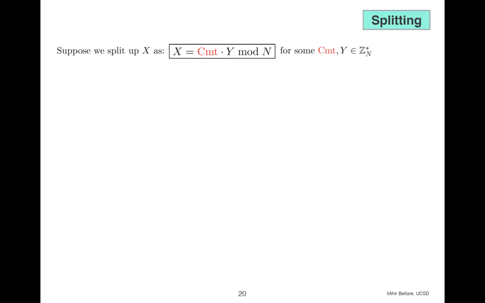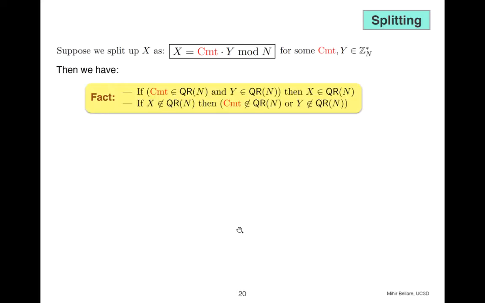Now, the way we're going to do that is to break the claim that big X is a square up into two subclaims via something we call splitting. So let's write big X as a product of two things. One we call commit, CMT, the other we call Y. Now, if we know that big X is a product of two things, it turns out there are some nice facts which enable us to reason about whether or not big X is a square.